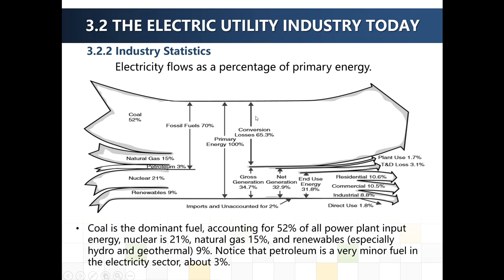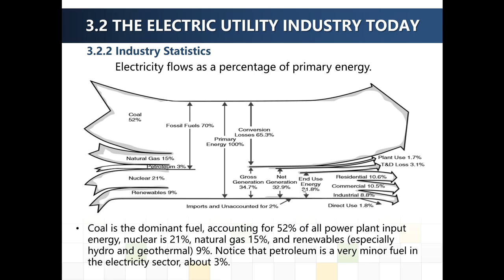And we can see during the conversion process, the conversion loss is 65.3%, which means only 34.7% of the energy from the primary energy has been converted into electricity.